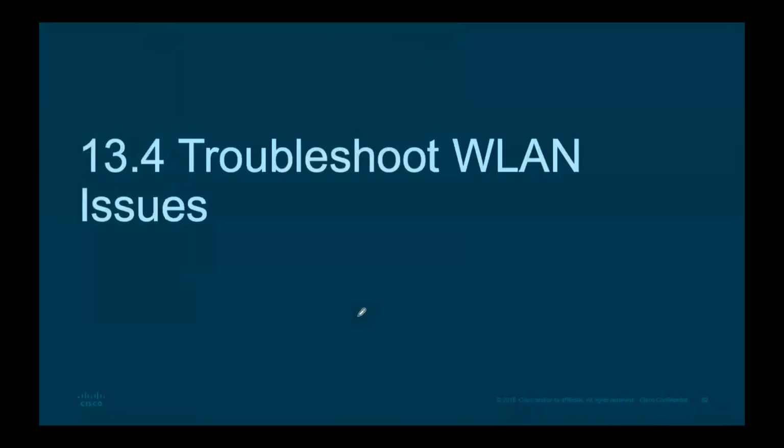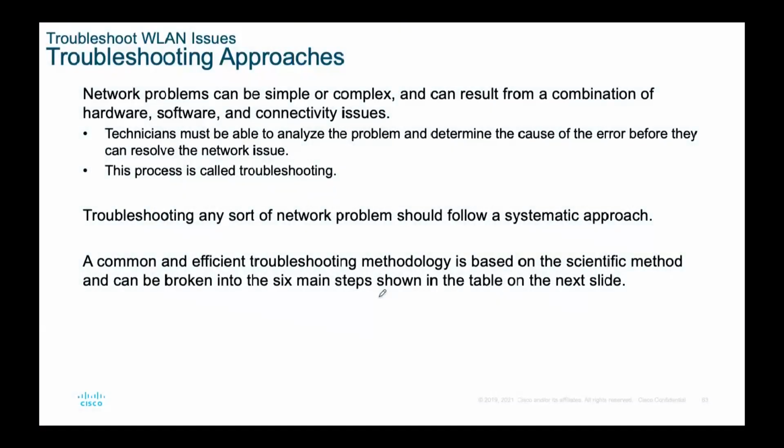13.4 troubleshoot wireless LAN issues. So troubleshooting approaches. Network problems can be simple or complex and can result from a combination of hardware, software, and connectivity issues. A technician must be able to analyze the problem and determine the cause of the error before they can resolve the network issue.